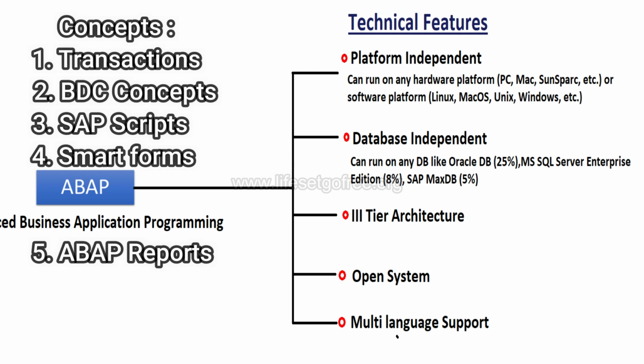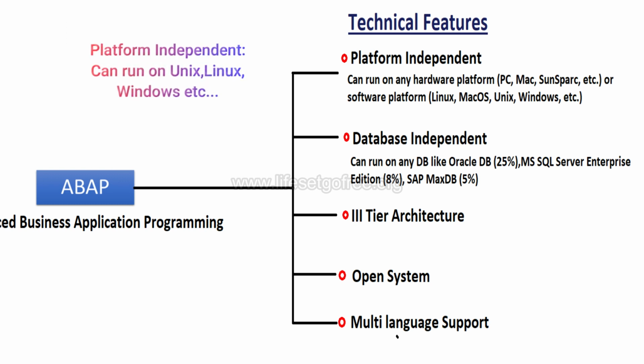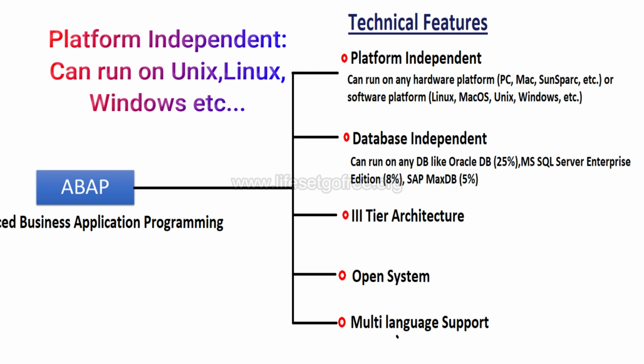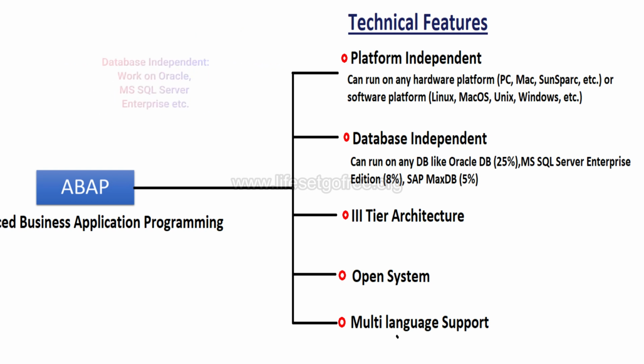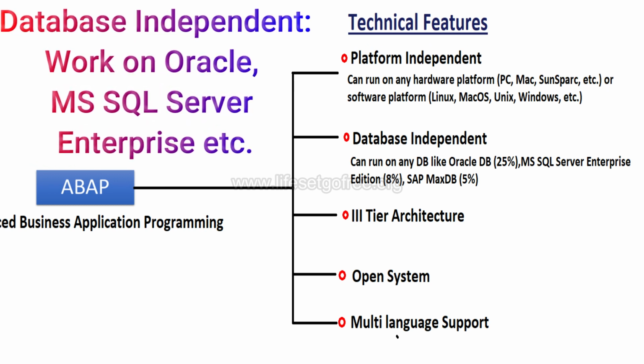Now coming to the technical features of SAP. It is platform independent, and it is database independent. What does platform independent mean? It can work on any type of platform. Database independent means it can work on any type of database like Oracle. Usually we will be using an Oracle database, that means SAP depends on a third-party database.